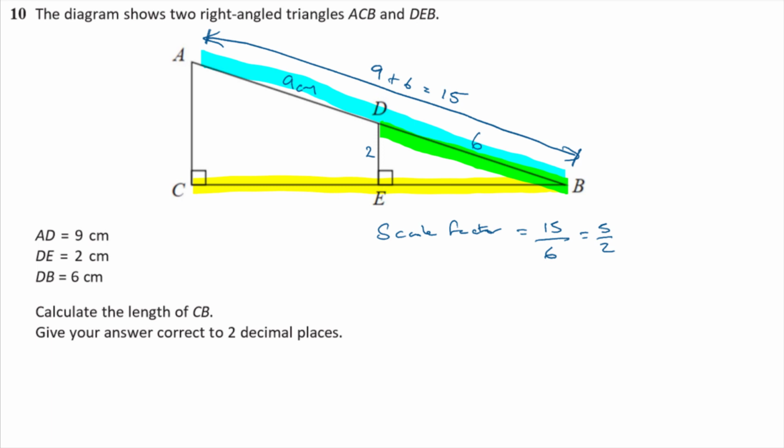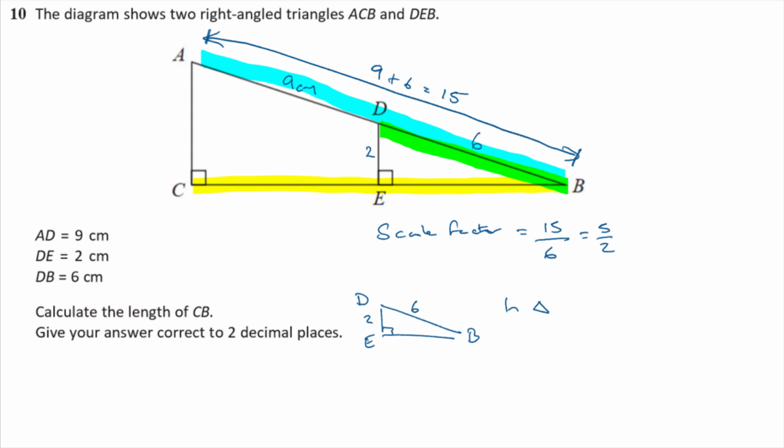So calculate length of CB. Now to know CB, I could use EB and that scale factor to find it, but I don't know EB. But could I find it? I think if I use Pythagoras theorem in that small triangle DEB, I could find it, couldn't I? So in triangle DEB, I know this is 6 and this is 2.